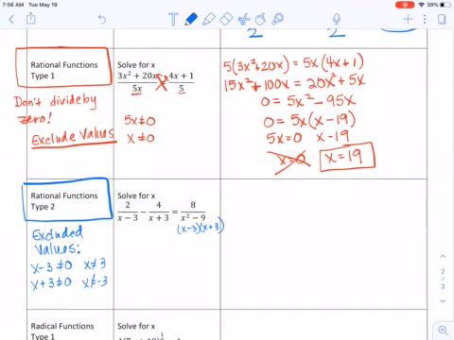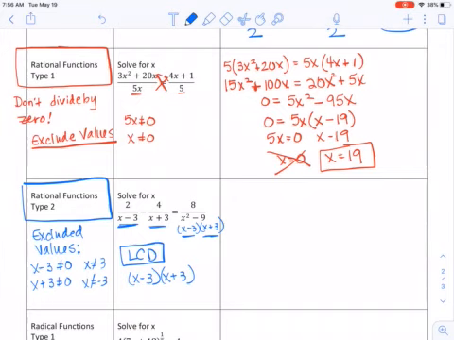Okay, so now you need to find the least common denominator. I've got these in factor form. I need to have an x minus 3 in my least common denominator, and I need to have an x plus 3, and I've already got one of each of those over here.